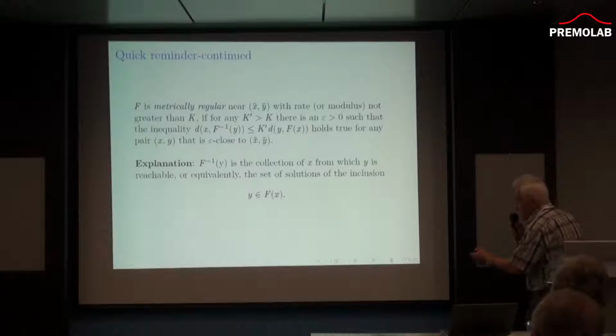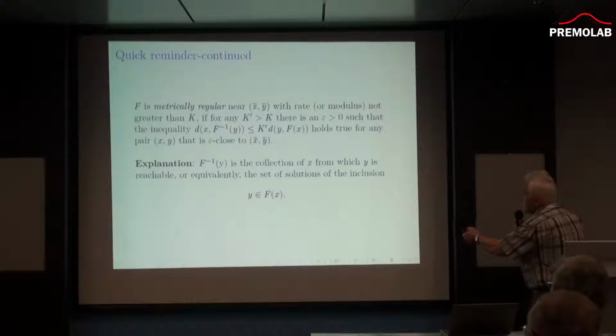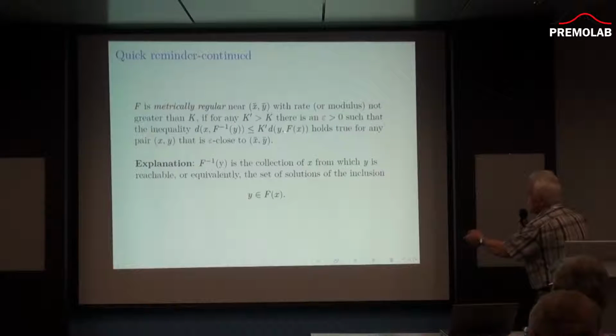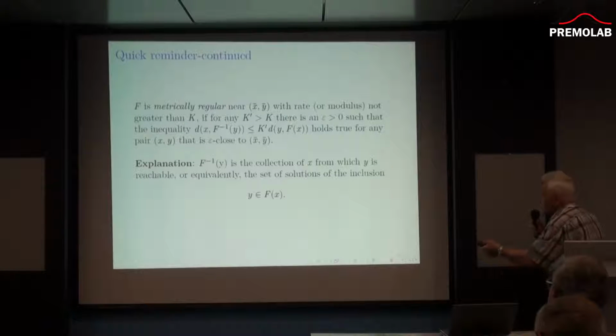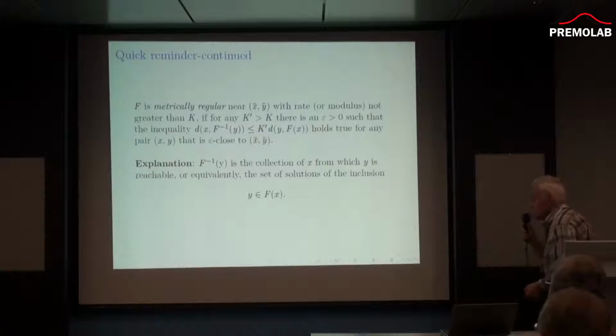So this really says that the distance from x to the set of solutions of this equation is controlled by this quantity. Usually this quantity is easy to compute, and the distance is very difficult to compute. So it gives you some leverage to cope with estimates of this sort.